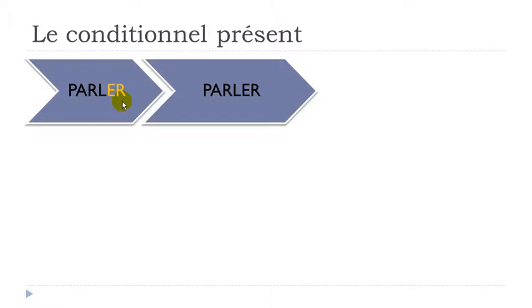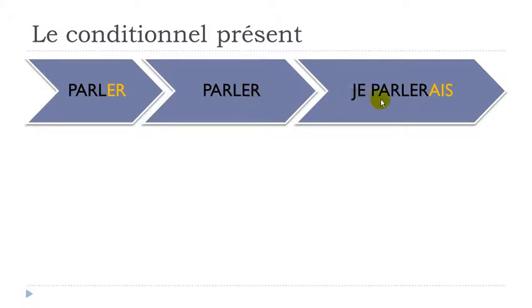You will keep it like that, and based on this form, after that you will add the endings, okay? And for je, the ending will be AIS, okay? So you don't need to modify your infinitive form. The basic form is like that, it goes there, and right after you just add the ending AIS, and you get je parlerais. All right, so it's quite simple.